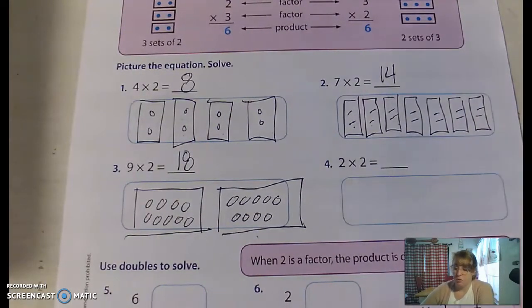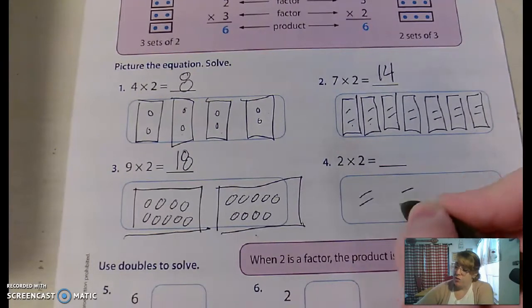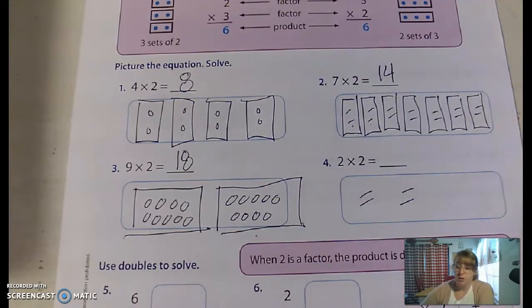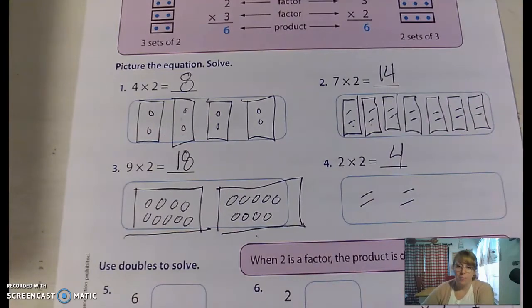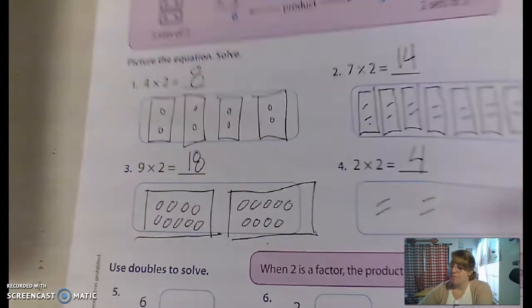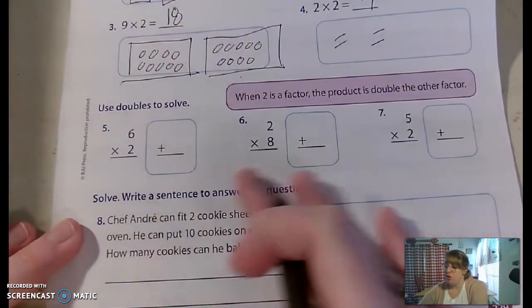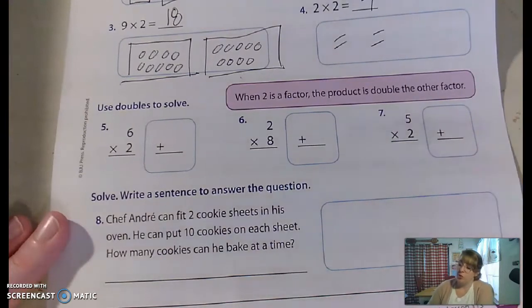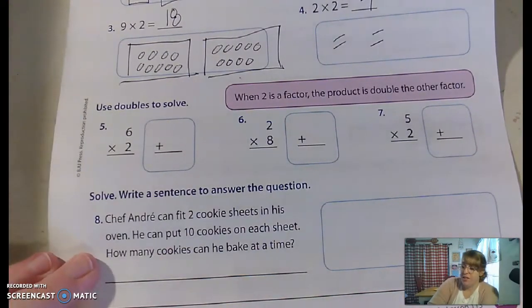I have 2 times 2 is 4. Good. Use doubles to solve. When 2 is a factor, the product is double the other factor.